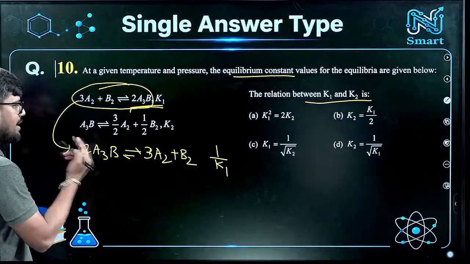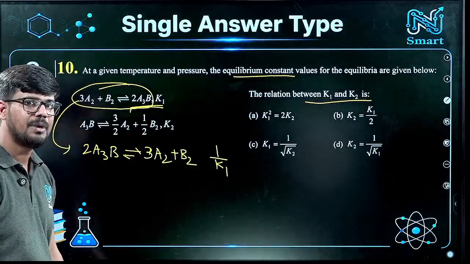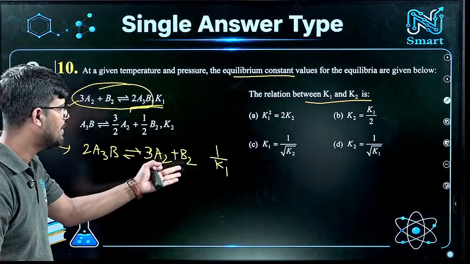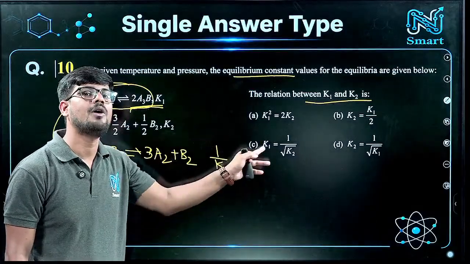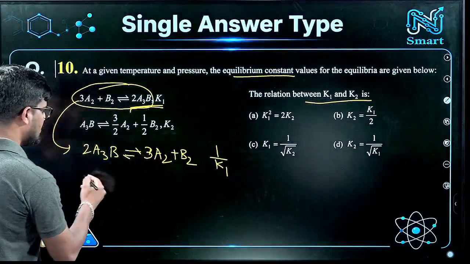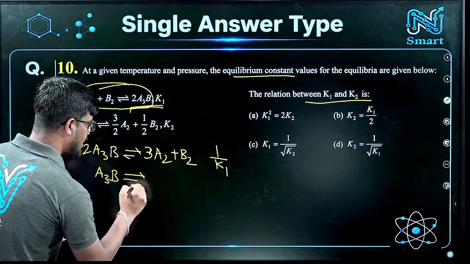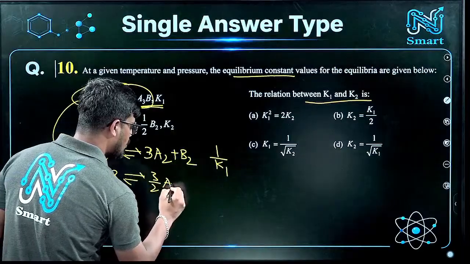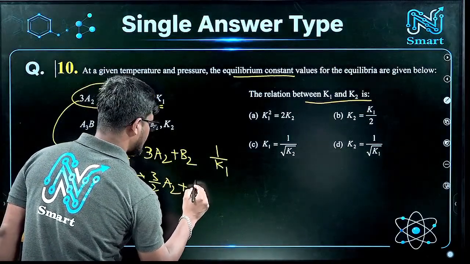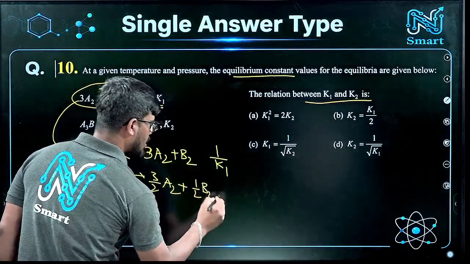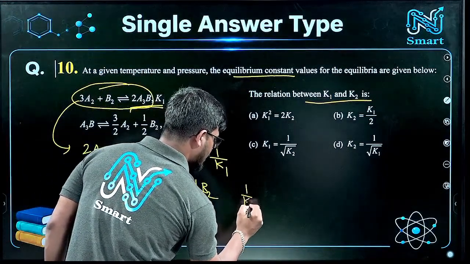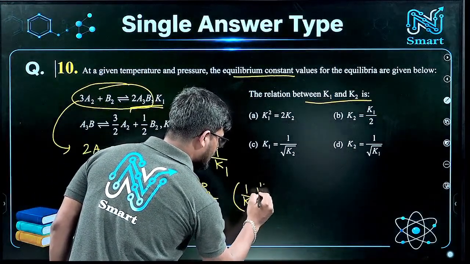Now, अभी क्या करना है, ये पूरा इक्वेशन को हाफ से मल्टीप्लाई करना है. अगर पूरा हाफ से मल्टीप्लाई कर दो, इधर पावर में हाफ आ जाएगा. सो कैसे होगा ये? So A3B, from that we are getting 3 by 2 A2 plus half B2, and this one will be 1 by K1 to the power half.